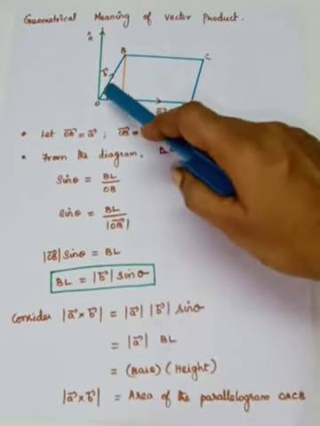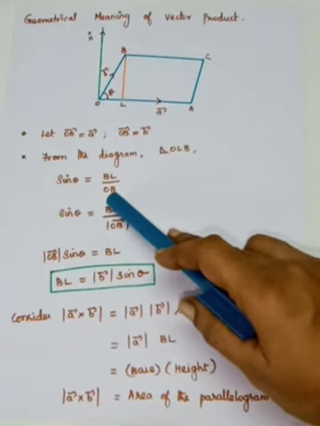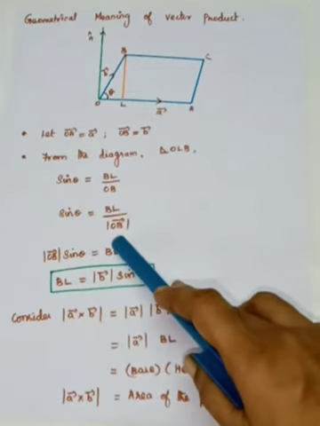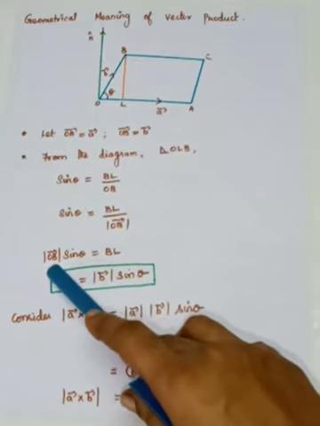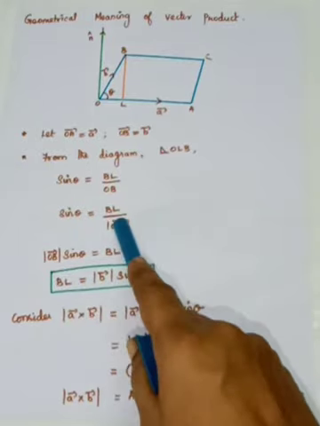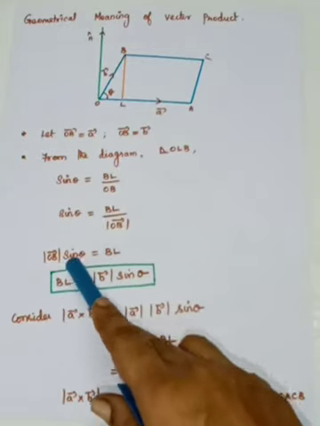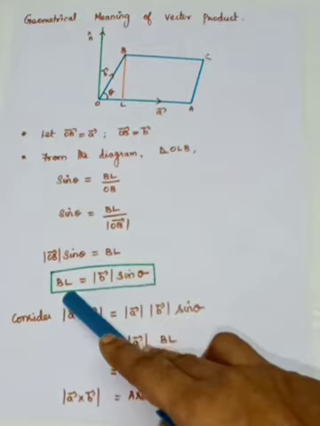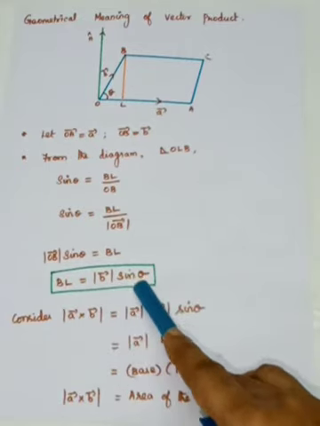Here OB is a length, a number, so you have to write modulus of OB vector, which is modulus of B vector. If you cross multiply, modulus of B vector into sin theta is equal to BL. So you got the answer for BL: modulus of B vector into sin theta.